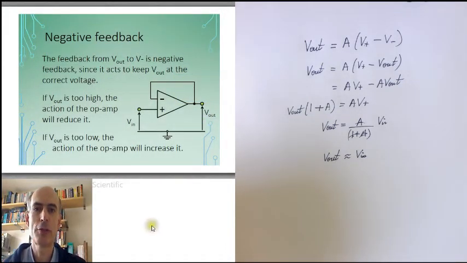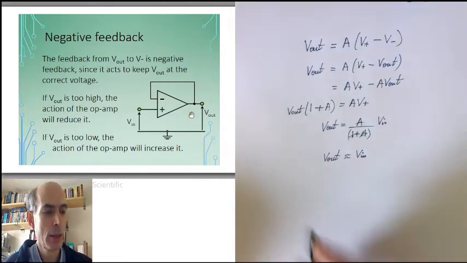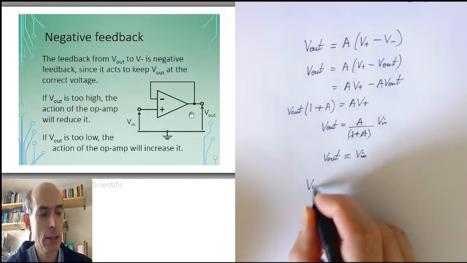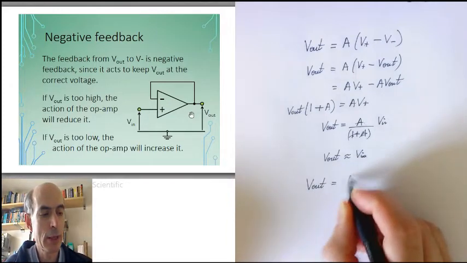This form of negative feedback is quite stable, in the sense that if any slight disturbance happens to your circuit, the action of the feedback will be to bring the circuit back to its stable operating point. And you can see that by looking at this equation again.